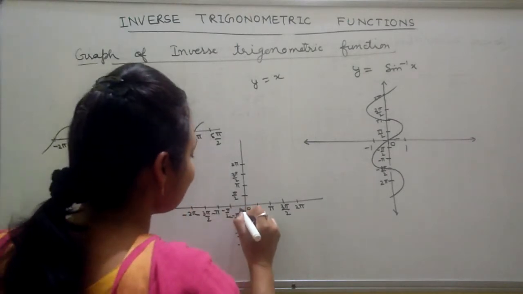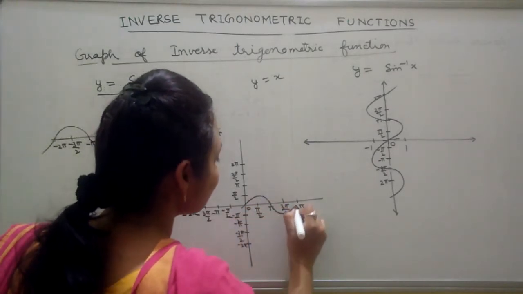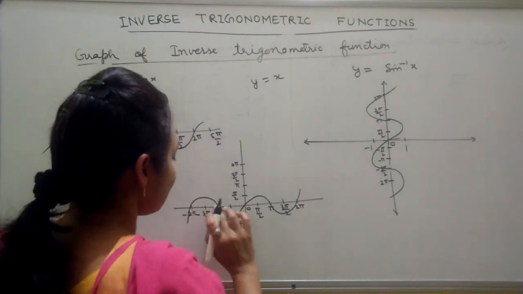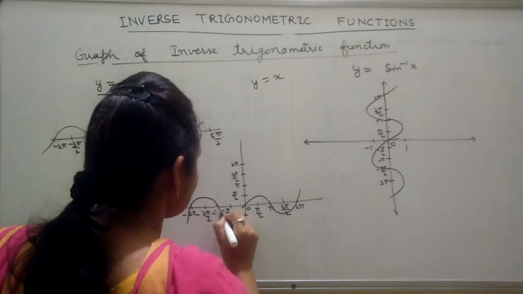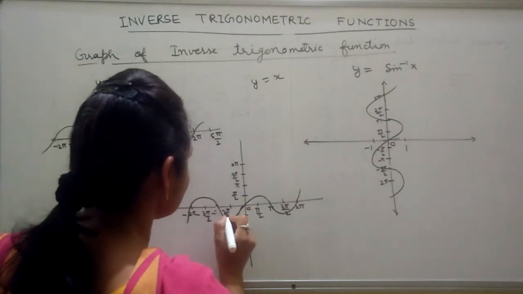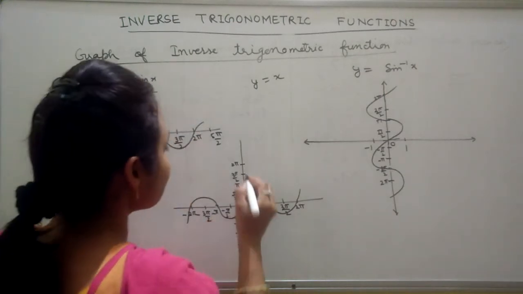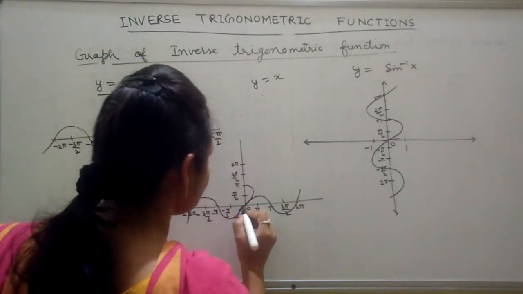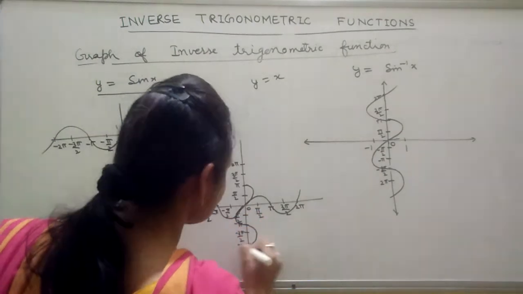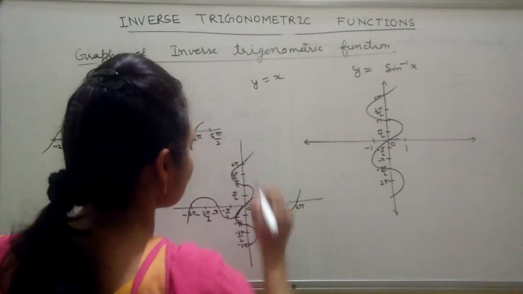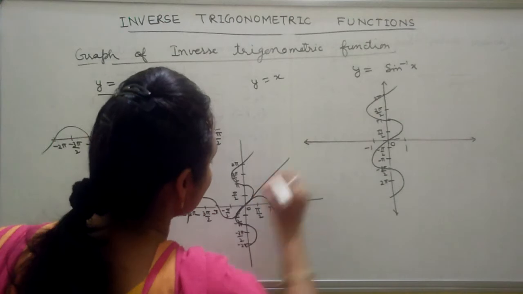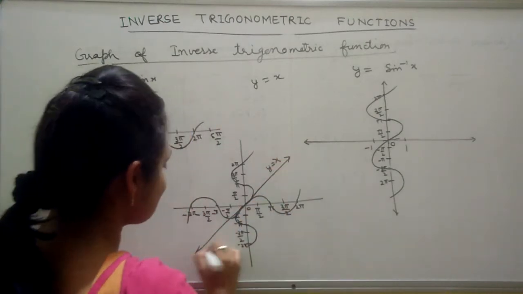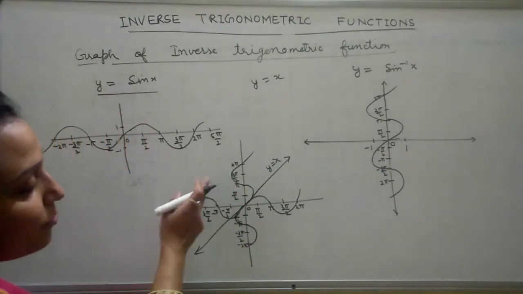So make a diagram. When I draw the line y equals x, this line gives the mirror image of each other.